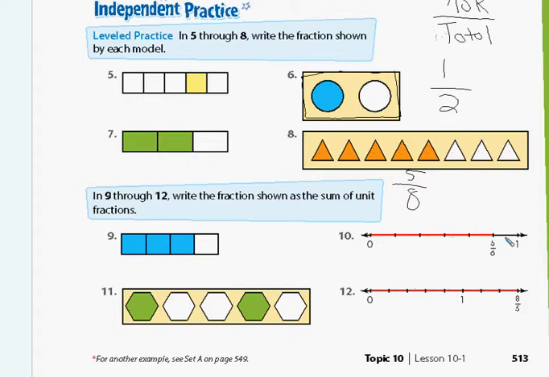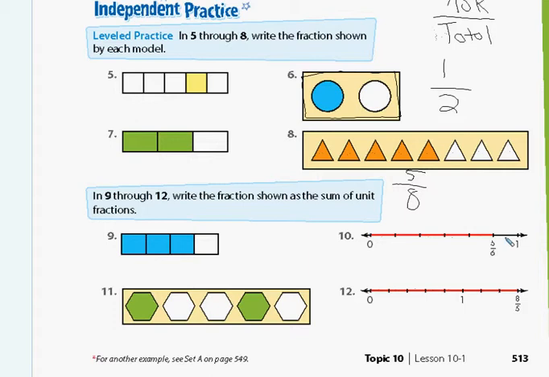Oh, I haven't read the instructions either. So in 9 through 12, write the fractions shown as the sum of unit fractions. So that's going to be very similar to our problem in our guided practice up top there. There's 6 equal parts in between the whole.